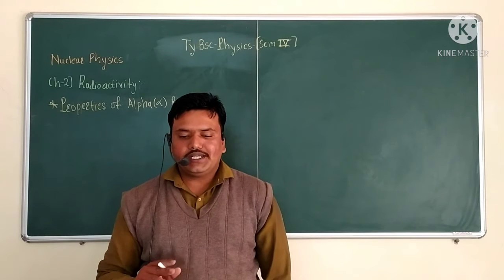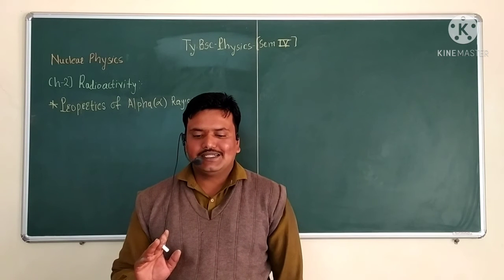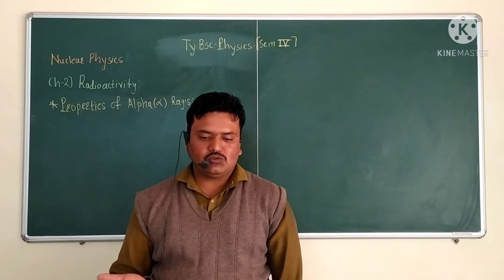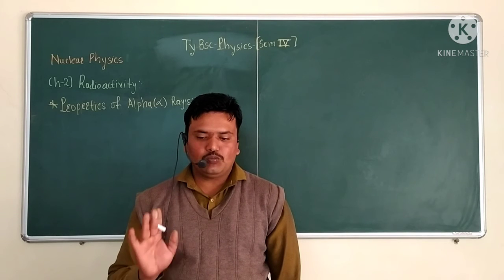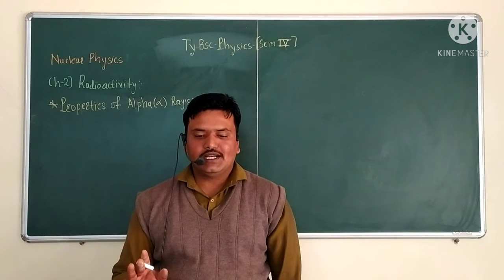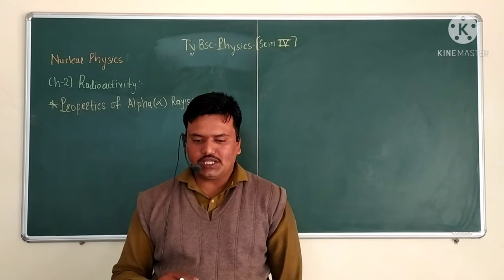The first property of the alpha particle is that its charge is positive. An alpha particle is a helium nucleus consisting of 2 protons and 2 neutrons, and it has 2 units of positive charge.